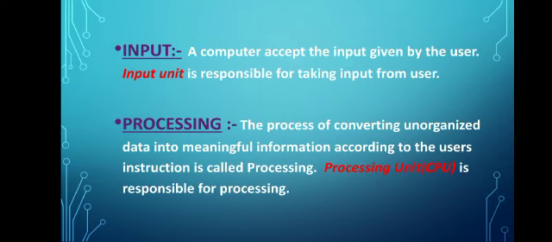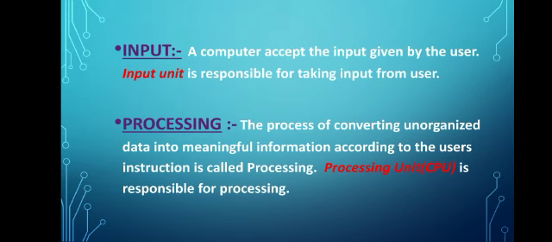Firstly, we have to know what input is. A computer accepts the input given by the user. It can be in the form of instructions or data. Instructions means commands given to the computer to operate on the data. The input unit is responsible for taking input from the user, like keyboard and mouse.